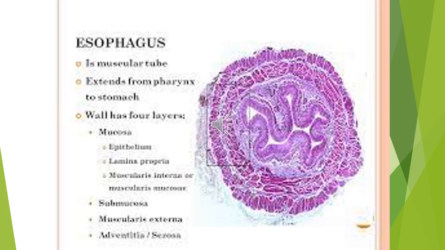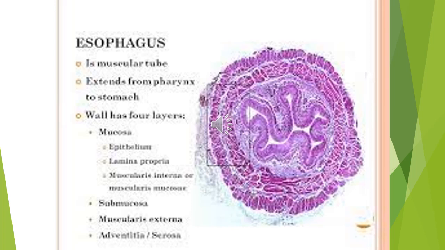Its main function is to transport food material from the oropharynx to the stomach. In cross section, the lumen of the esophagus shows collapsed walls. This appearance is due to the presence of longitudinal mucosal folds with intervening grooves.